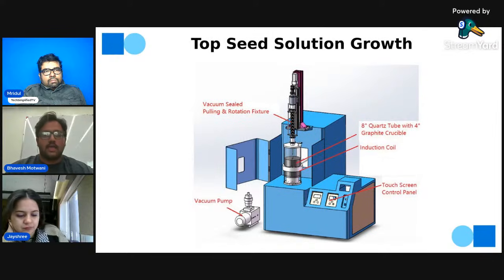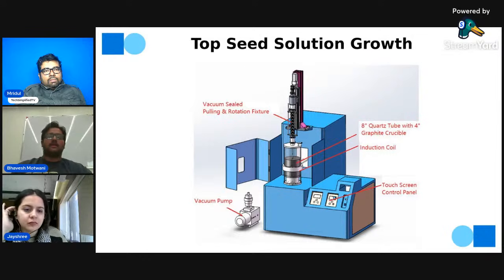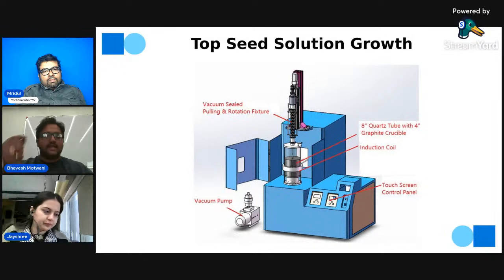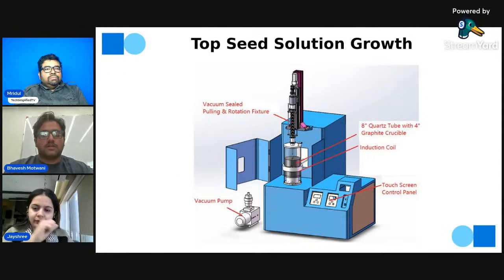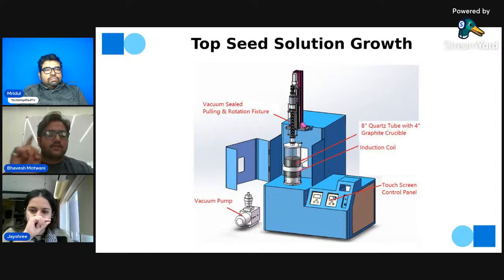Like if I want to grow a gallium nitride ingot, I have to add a gallium flux as the solvent, rotate it and melt it at some temperature, and then I introduce a seed, as the name says, top seed solution growth. That seed will form a crystalline structure over it, and it will mix in it.